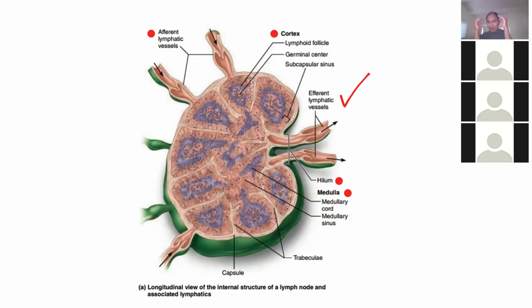So the lymph node is going to filter everything the lymphatic vessels are taking. So lymph nodes will check any protein, any bacteria, any virus, any malignant cell. Therefore, lymph node enlargement is important.